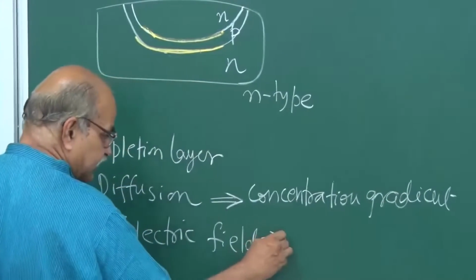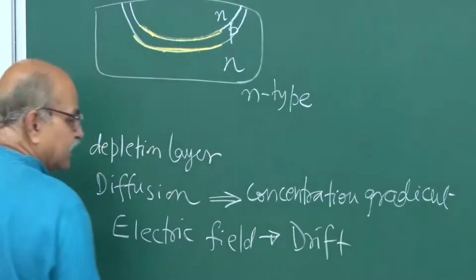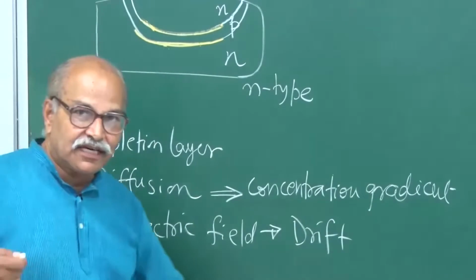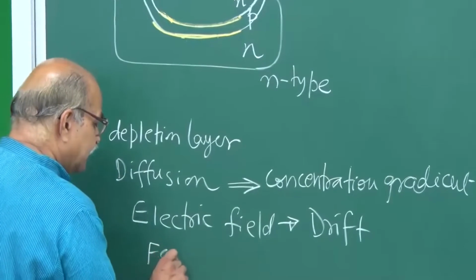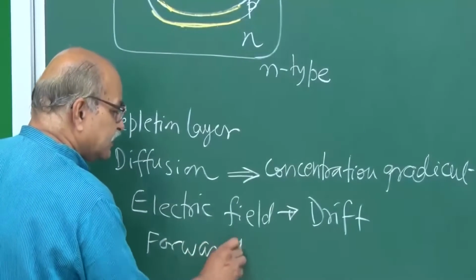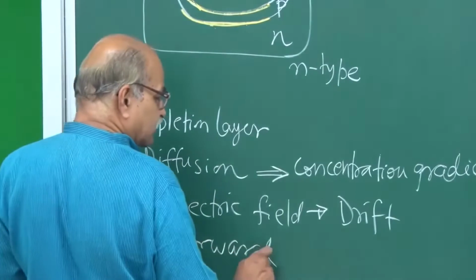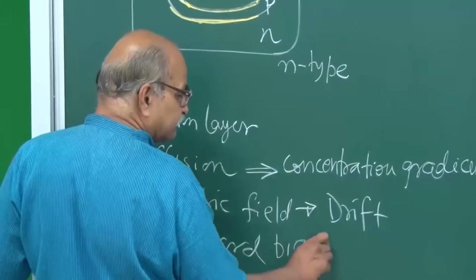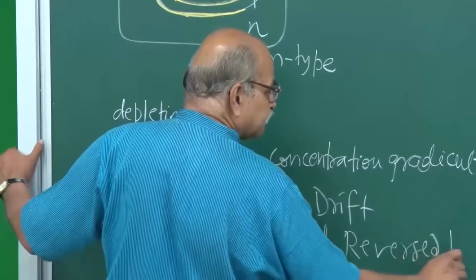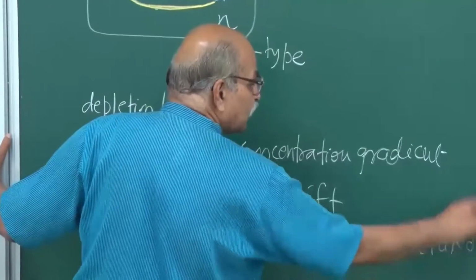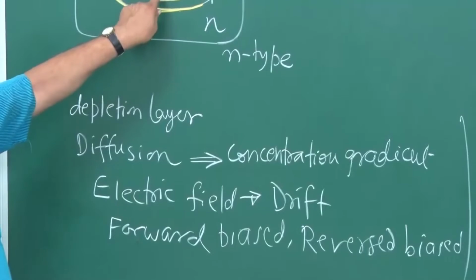The electric field will give rise to drift current. All that minority carrier, majority carrier, injection, forward bias, reverse bias, everything is the same, and that's why I had said that if you understand the p-n junction, you understand almost everything of semiconductor electronics. So, forward biased, reverse biased, all that p-n junction behavior that we have studied will be here and will be here.